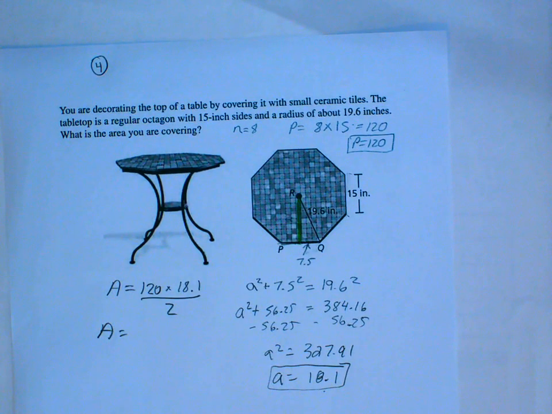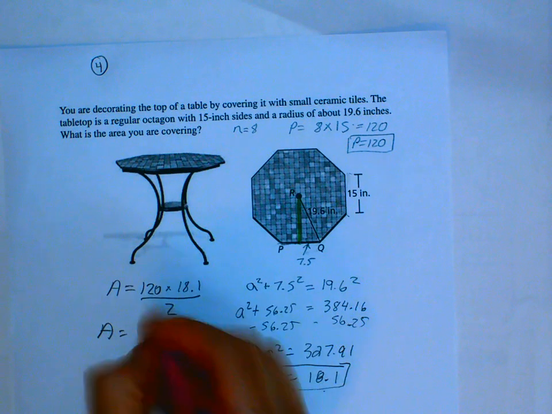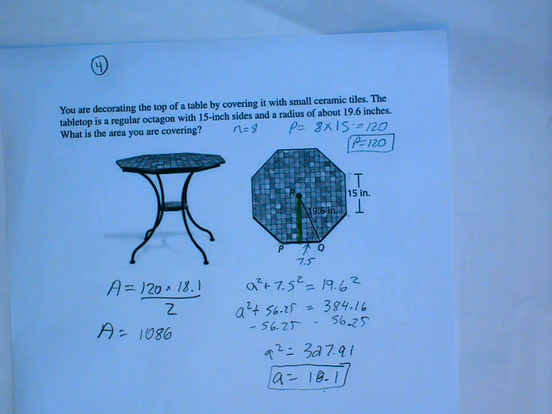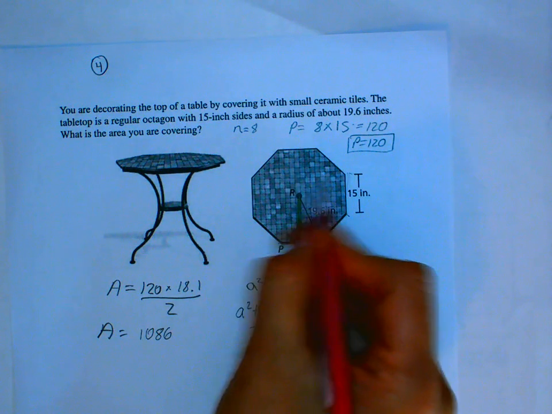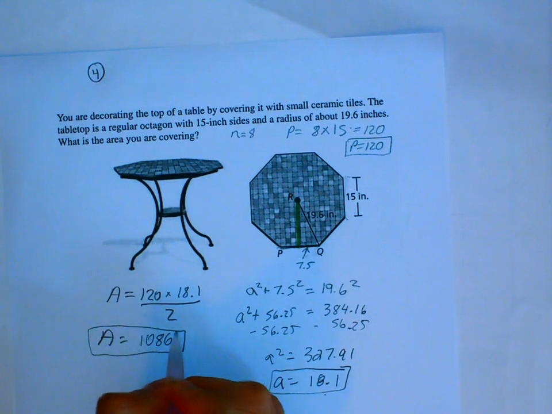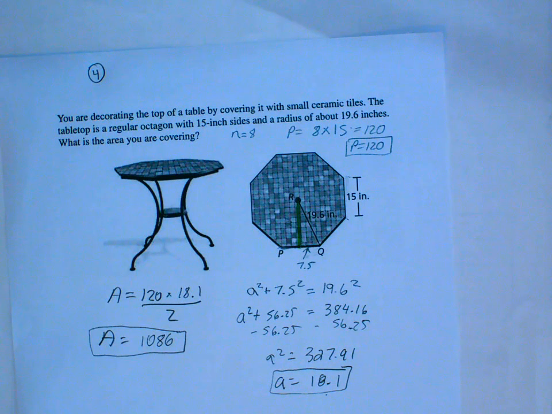Now this is an approximation. 120 times 18.1, enter, divided by 2, I get approximately 1086. So the area of all of this is 1086, approximately, plus or minus 0.01 or 2 or something.